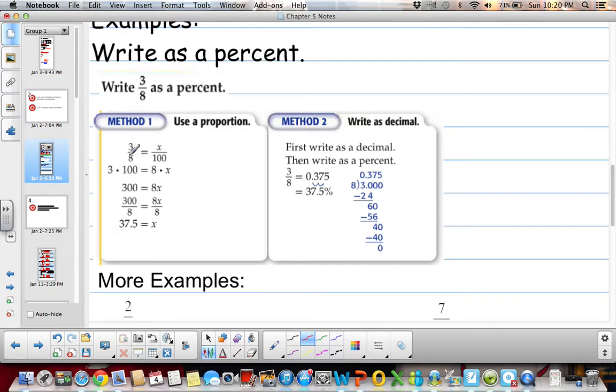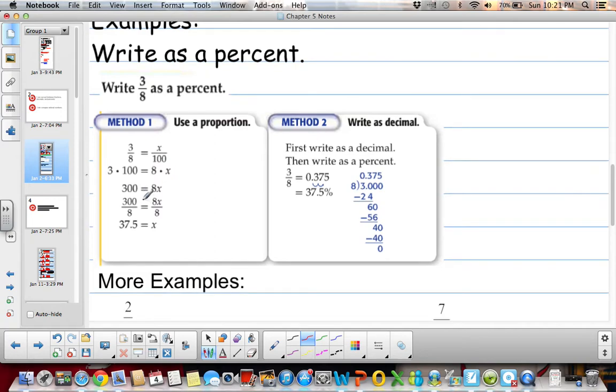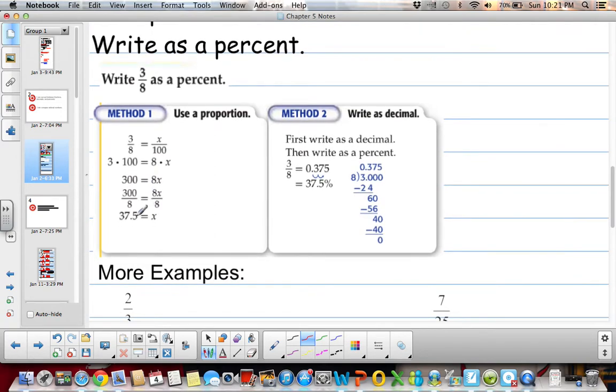So if I write it as 3/8, well, we know that 8 times something is going to equal 100. So then 3 times something is going to equal our x. So we can solve this as a proportion. 3 times 100 equals 8 times x, and then we solve it, and we get x equals 37.5.